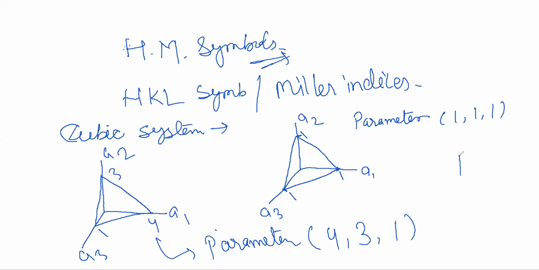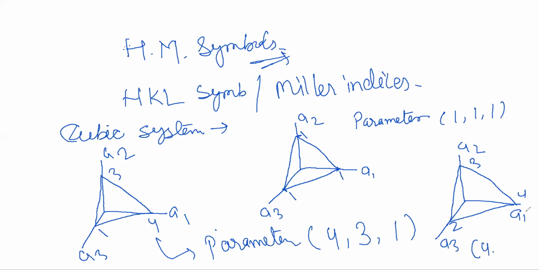Let's take another case. Right? So this is at 2 units, this is at 3 units, this is at 4 units. So the parameters for this will be 4, 3, 2.